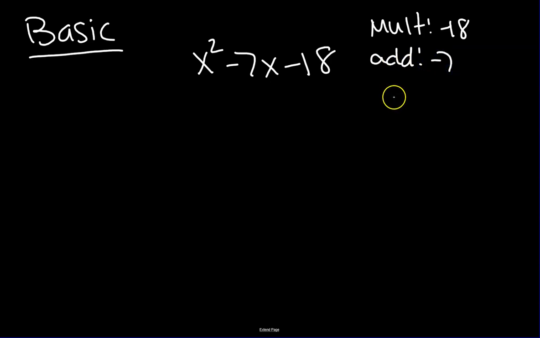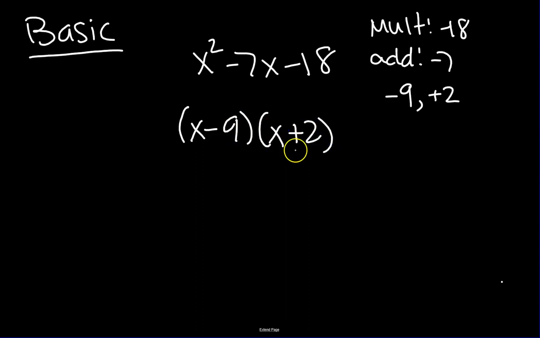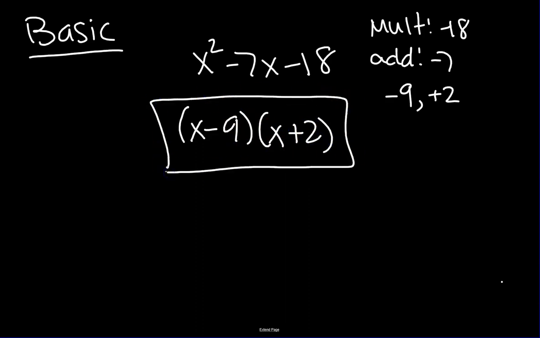Those two numbers are going to be negative 9 and positive 2. So negative 9 times 2 is negative 18. Negative 9 plus 2 is negative 7. That's how we got to separate this as x minus 9 and x plus 2. Okay, super basic. You probably remember that from Algebra 1.